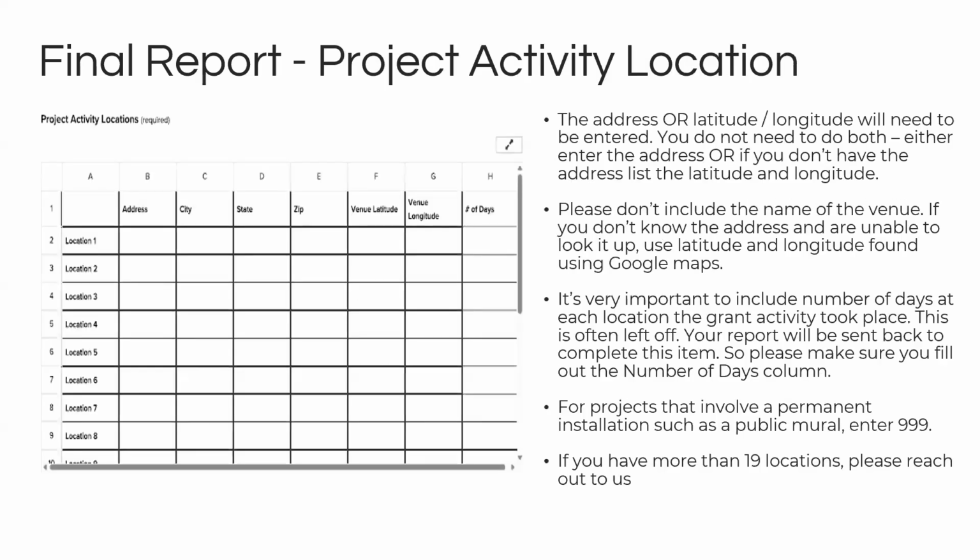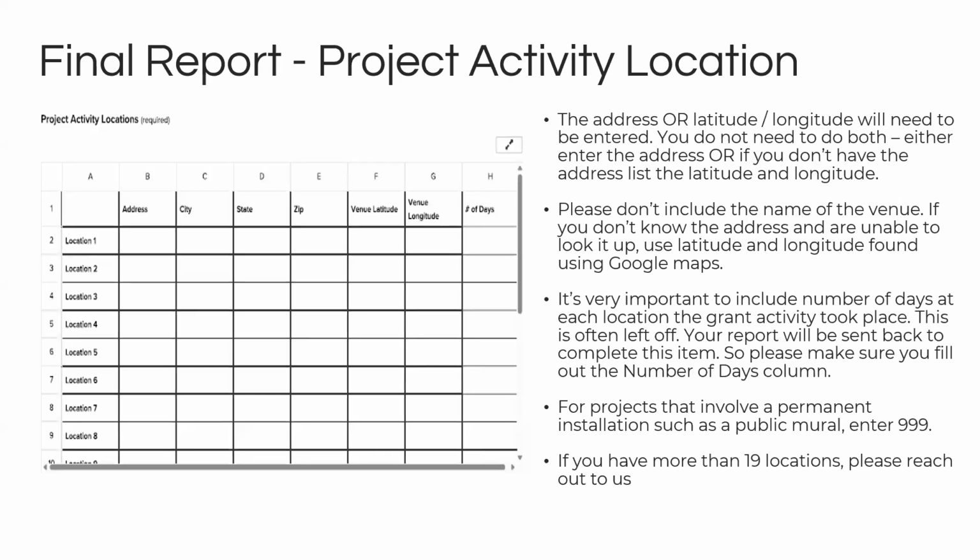Okay, so let's talk about the project activity locations section. And this again is part of the final report. We ask for this information and are required to report it to the NEA so that we can gather data such as this. The address: we want you to list either the address or latitude and longitude to be entered in this first column.